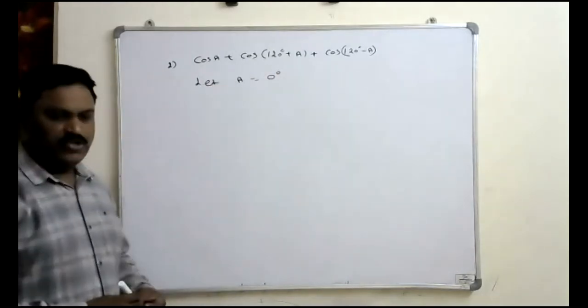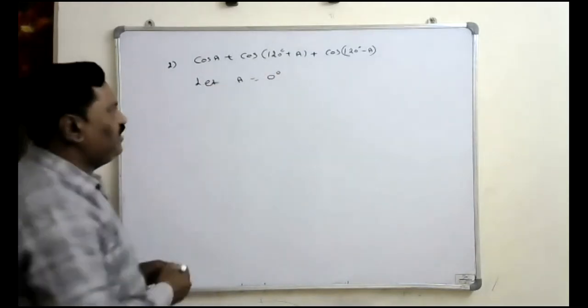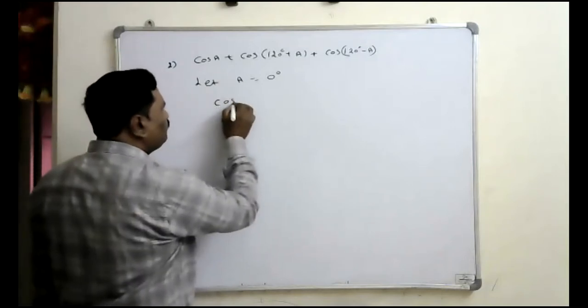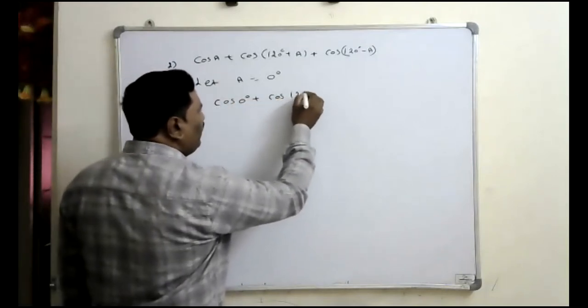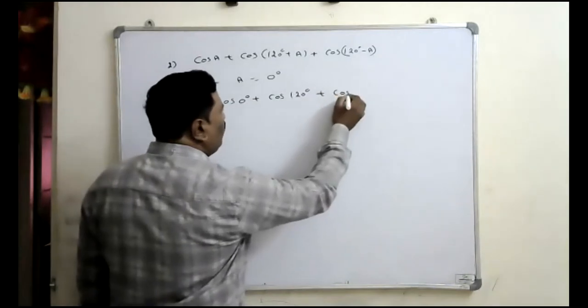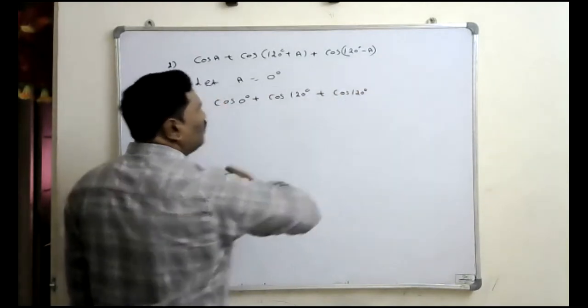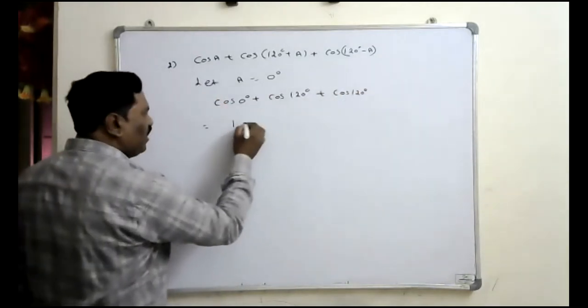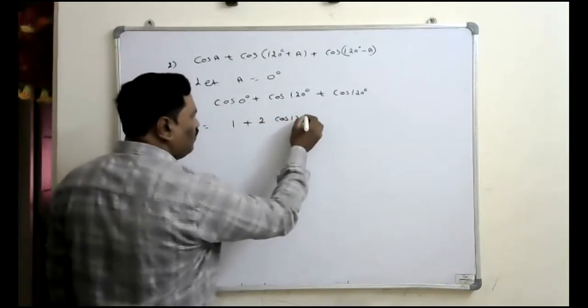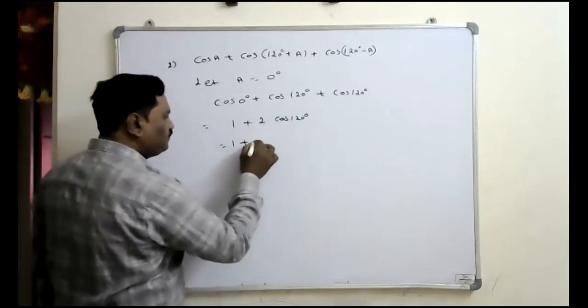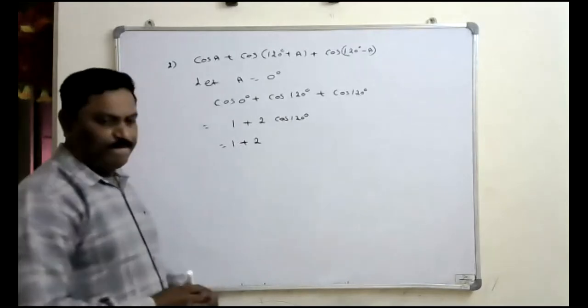If A is equal to 0 degree, then it is cos 0 plus cos 120 degree plus cos 120 degree. So cos 0 value is 1 plus 2 times cos 120 degree. What is the value of cos 120? Minus 1 by 2.